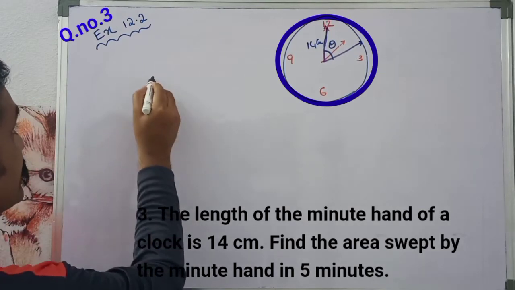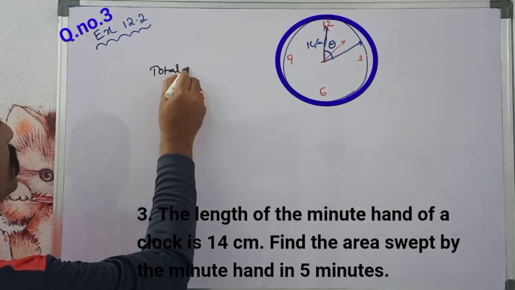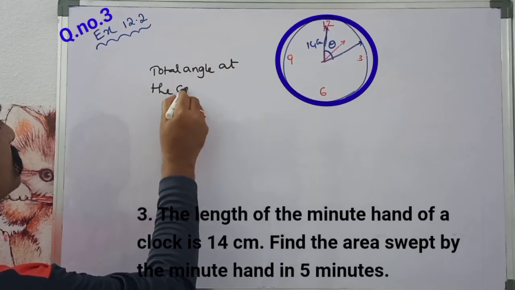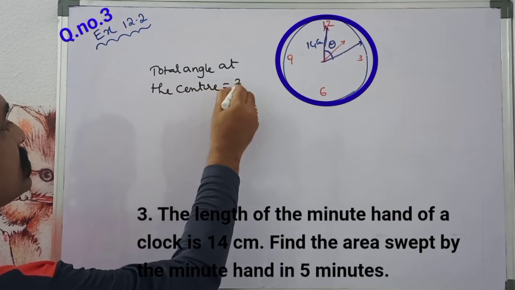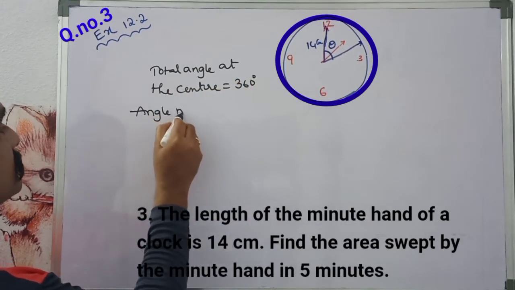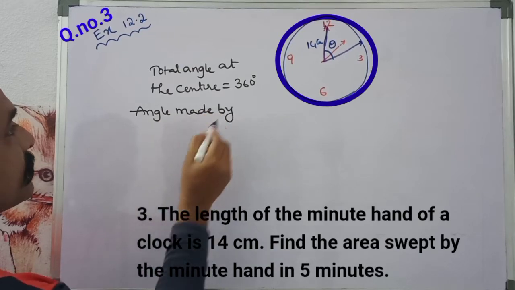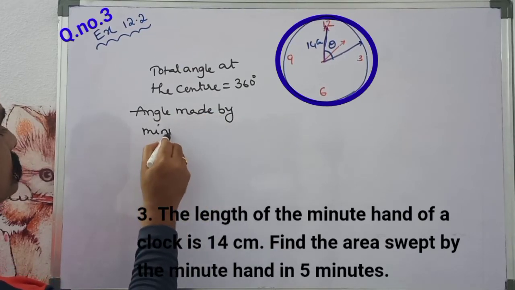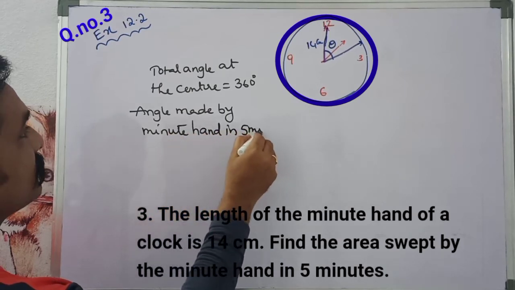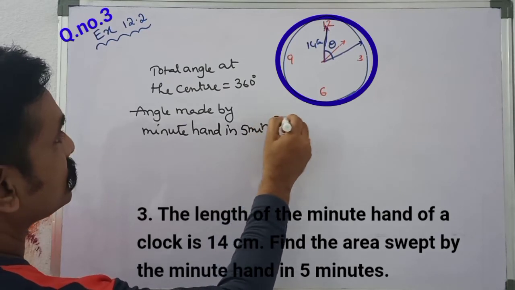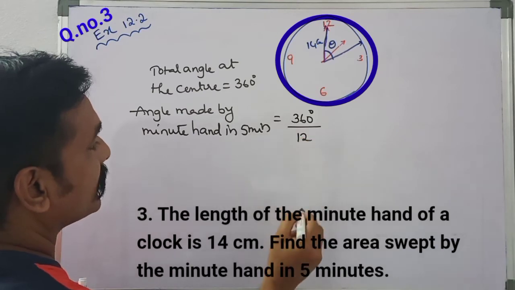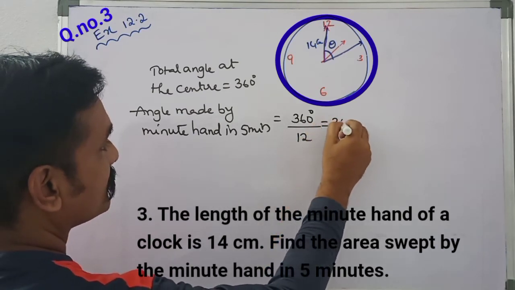So the total angle at the center is 360 degrees. Now the angle made by the minute hand in 5 minutes equals, so total is 360 degrees divided by the clock's 12 equal parts. 12 threes are 36.